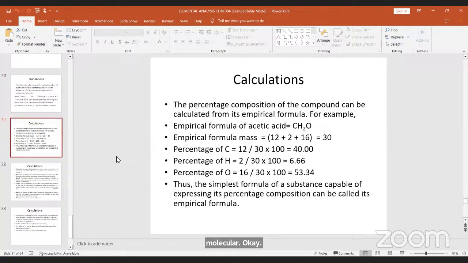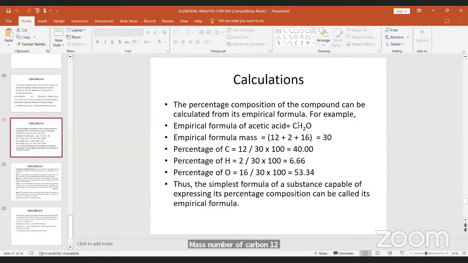So percentage composition of the compound can be calculated from its empirical formula. For example, if the empirical formula of acetic acid is CH2O, the empirical formula mass will be 12, the mass number of carbon, plus the mass number of hydrogen.